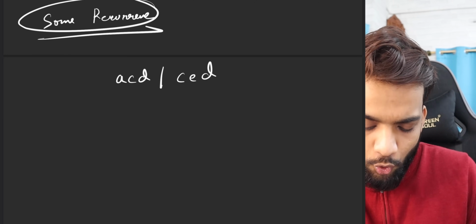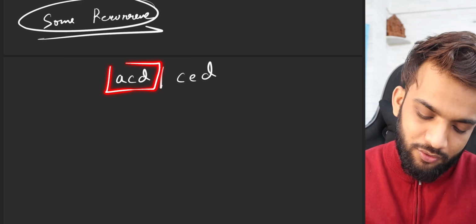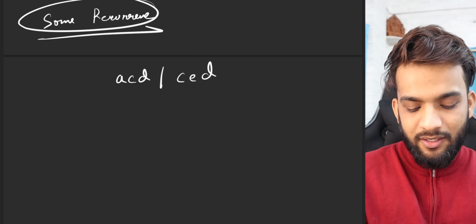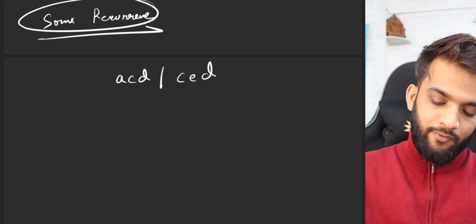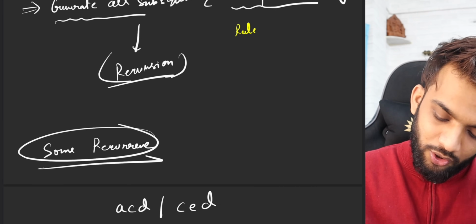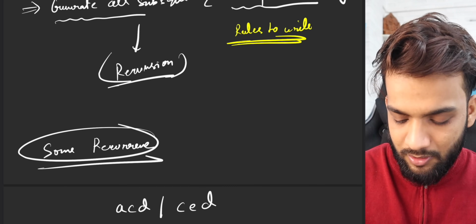Okay, so assume you're solving for this entire string and this entire string. Generically, what are the rules to write the recurrence? Let's quickly jot them down, and then we will follow those paths.